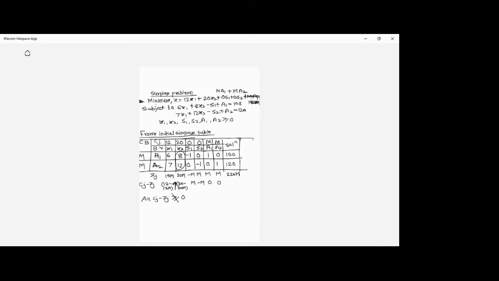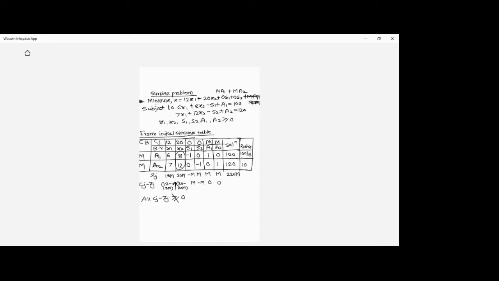Similarly, we have to now identify the key row. For identification of the key row, we have to find out the ratio. So it will be 100 by 8, and here it will be 120 by 12. 120 by 12 is equal to 10. What is the value of 100 by 8? 100 by 8 is equal to 12.5.